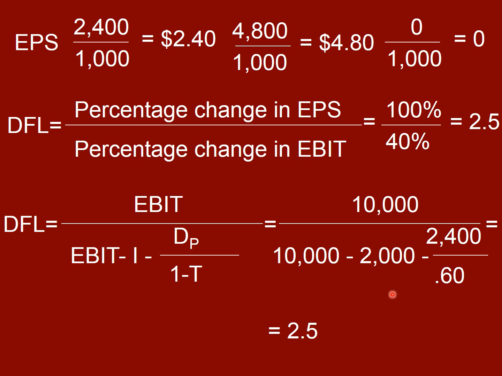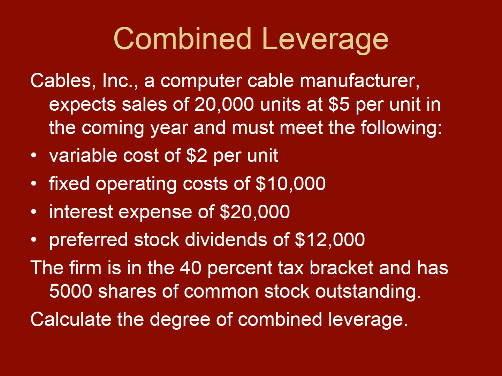And when you run through the math, you get a degree of financial leverage of 2.5. So you would get the same answer either way. So what happens if we put those together? We get what's called the degree of combined leverage.